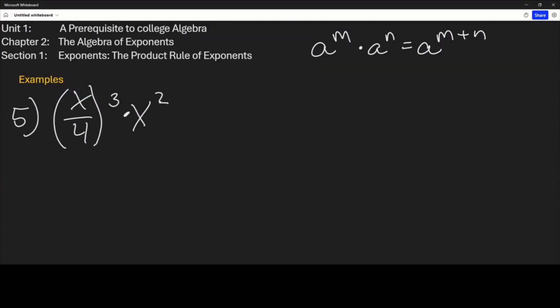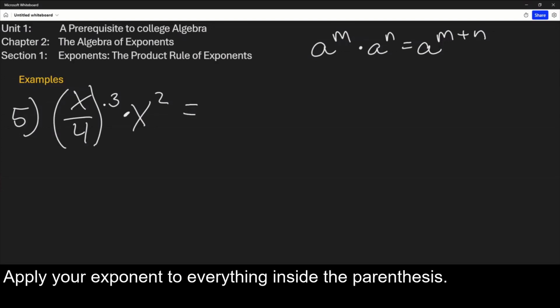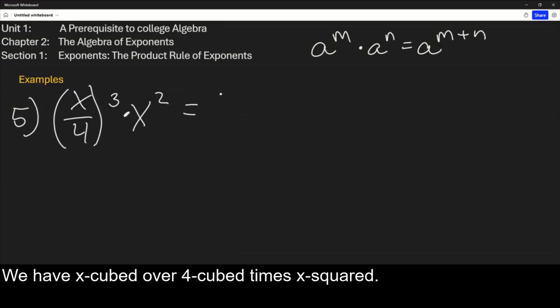Number 5. Here's a fun one. x divided by 4, all raised to the 3rd power, times x squared. Apply your exponent to everything inside the parentheses. We have x cubed over 4 cubed times x squared.